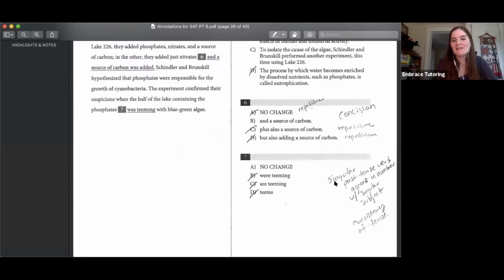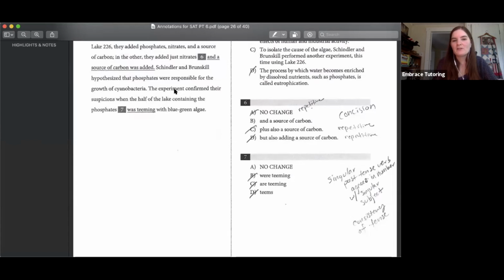You're dealing with a singular past tense verb, which agrees in number with the singular subject. Again, just what we've been talking about. You need to be able to identify what the subject is. So in this case, making sure that you have a singular subject.